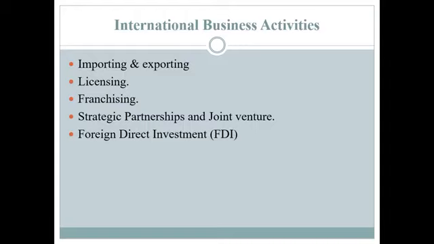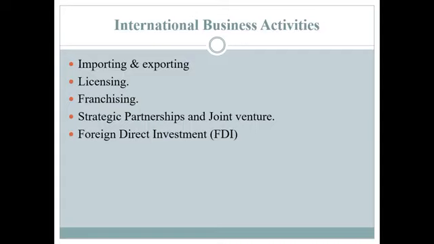Merely, international business means business activities which are conducted across the nation's boundaries. Whenever you leave the nation's boundaries and enter the geographical boundaries of other countries, and you carry on your business in that particular country or many other countries, that activity itself is included in international business.